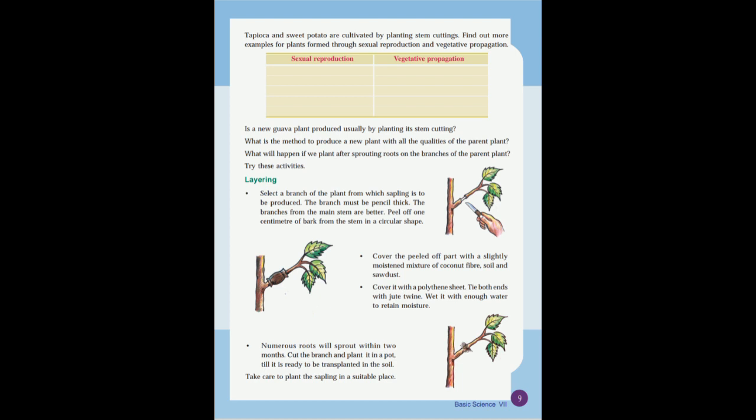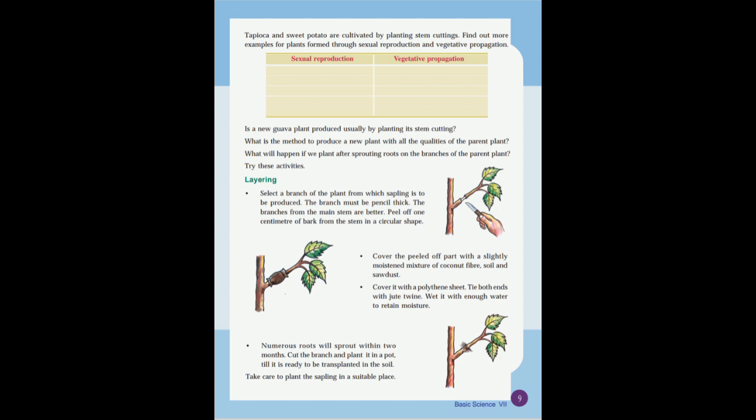Peel off 1 centimeter of the bark from the stem in a circular shape. You can remove the outer covering of that stem, and inside you can see a small green and white thing. Then cover the peeled part with a slightly moistened mixture of coconut fiber, soil and sawdust.